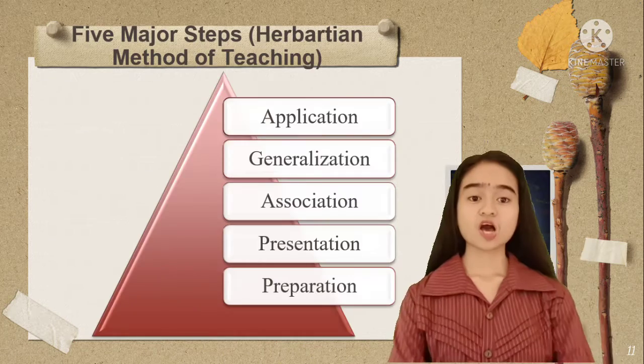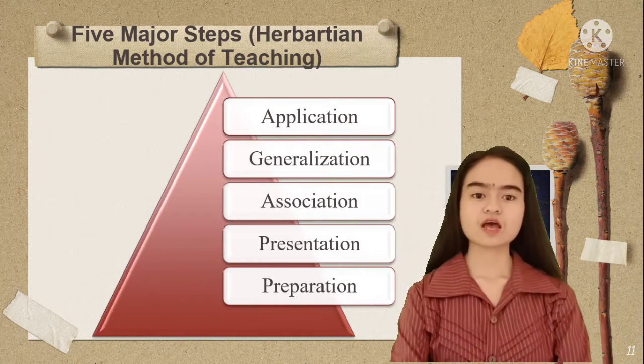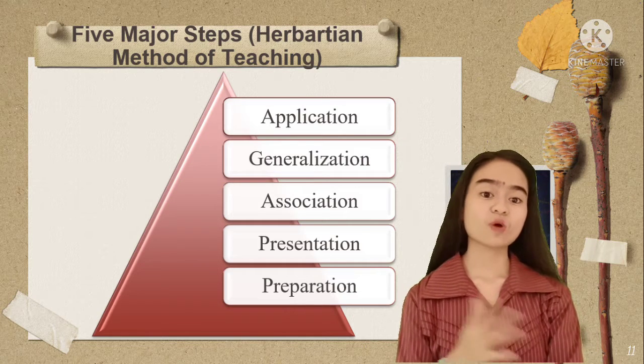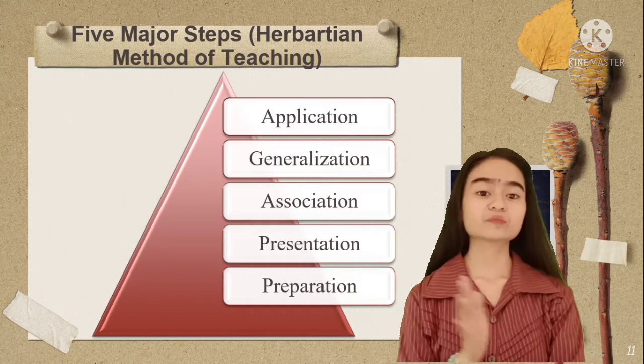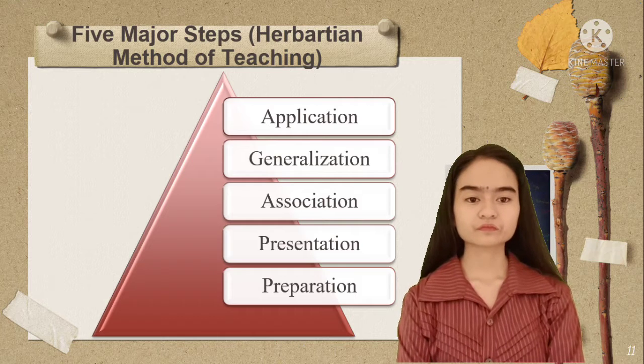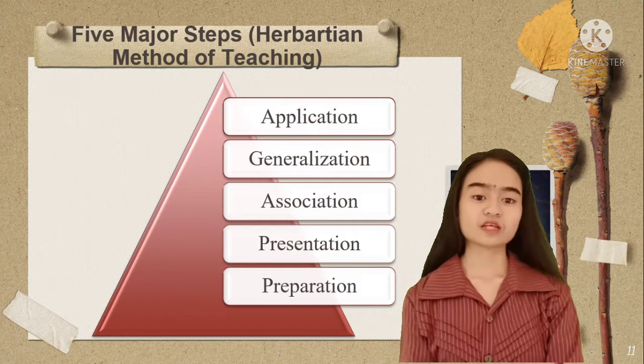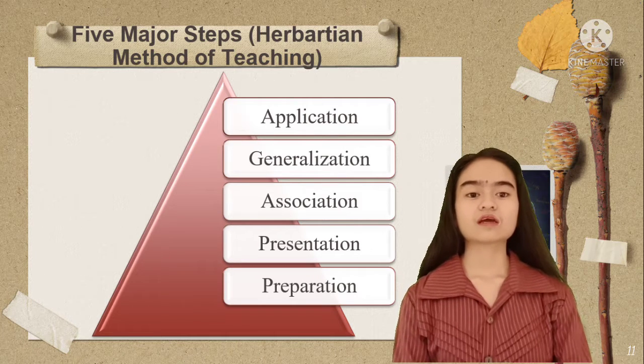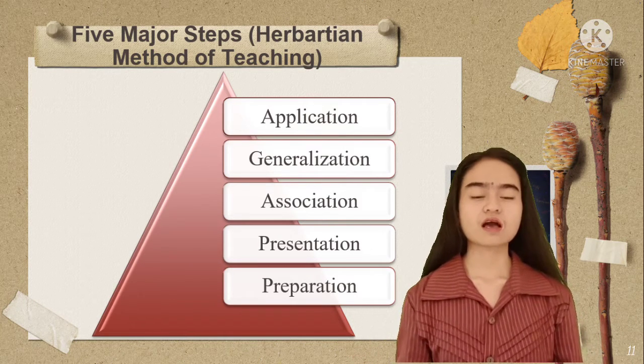examples. There are 5 major steps of the inductive method, and this is also what they call the Herbartian method of teaching. The step system of lesson planning was started by Johann Friedrich Herbart, a German psychologist.